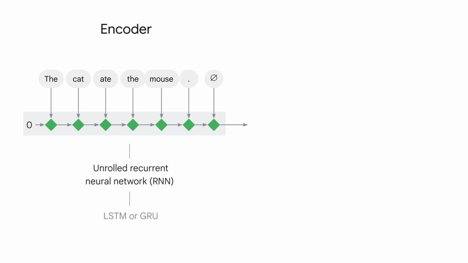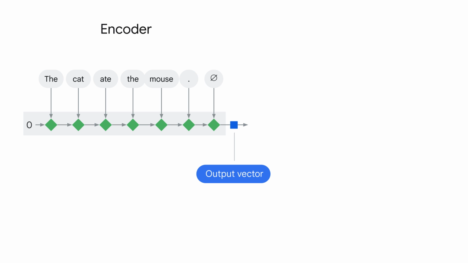A recurrent neural network encoder takes each token in the input sequence one at a time and produces a state representing this token as well as all the previously ingested tokens. Then, this state is used in the next encoding step as input along with the next token to produce the next state. Once you are done ingesting all the input tokens into the RNN, you output a vector that essentially represents the full input sentence.